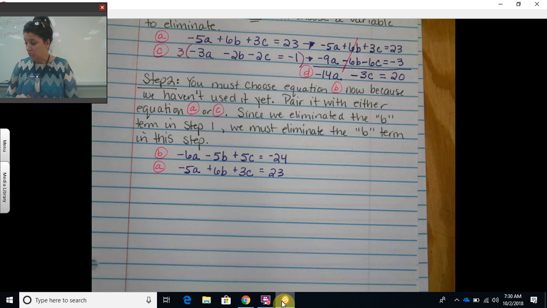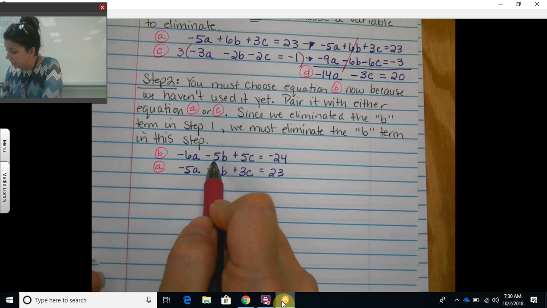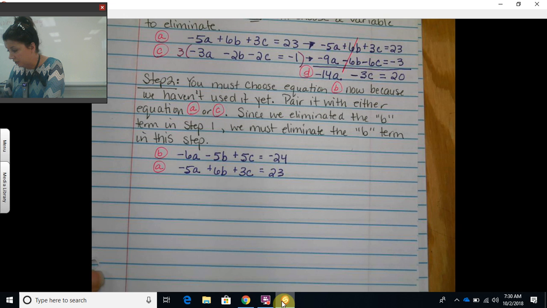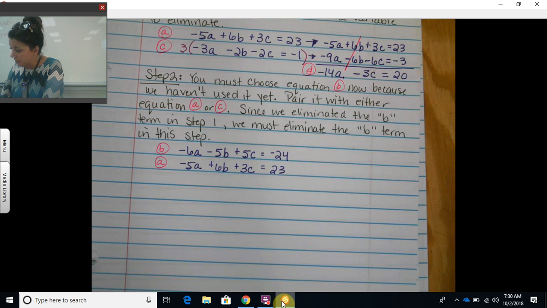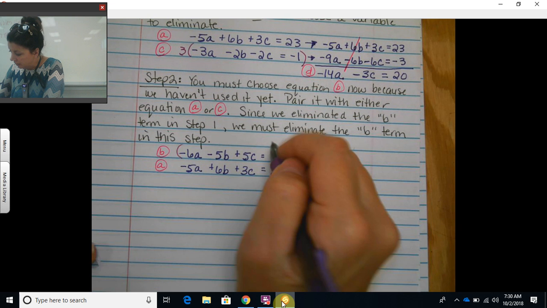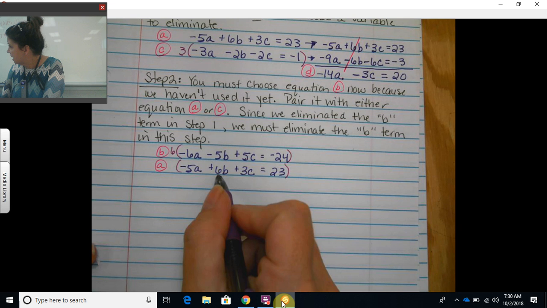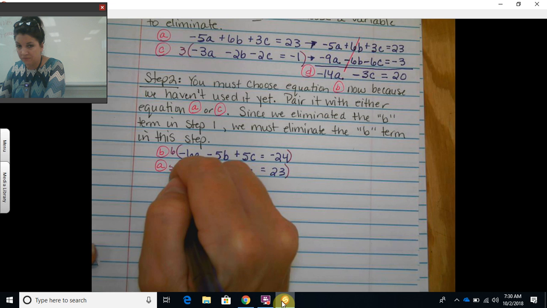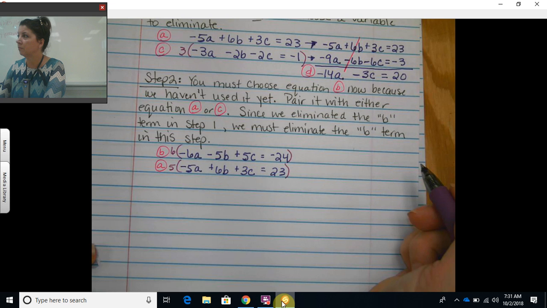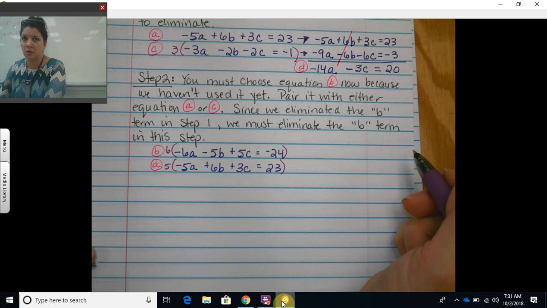So if I want to turn negative 5b into negative 30b, I would multiply the top equation by 6. And the bottom equation, if I want to turn positive 6b into positive 30b, I would multiply by 5. So you're allowed to multiply the equations? Yep. Sometimes you have to. Sometimes they won't cancel automatically, and you can't cancel them with just multiplying one equation.